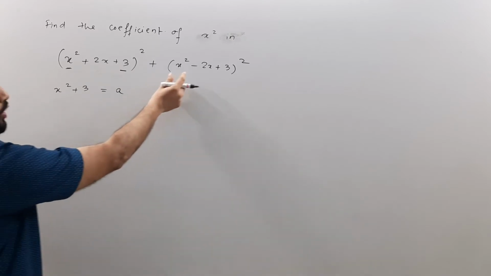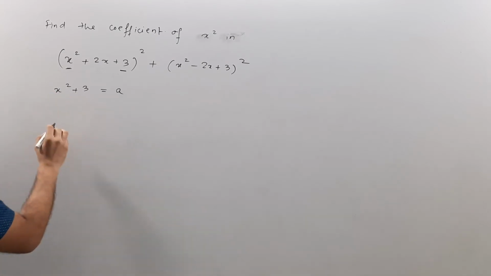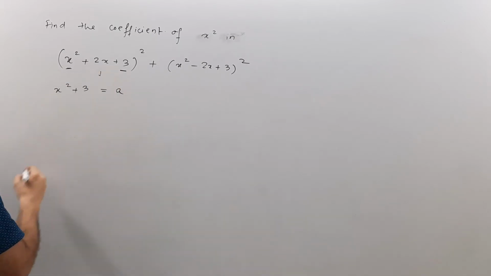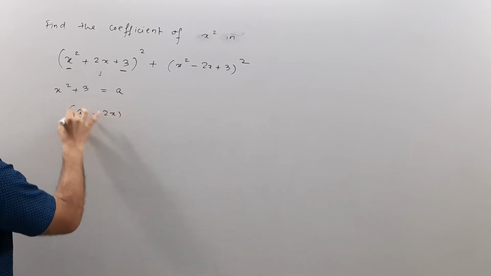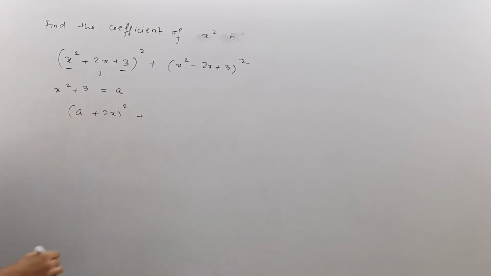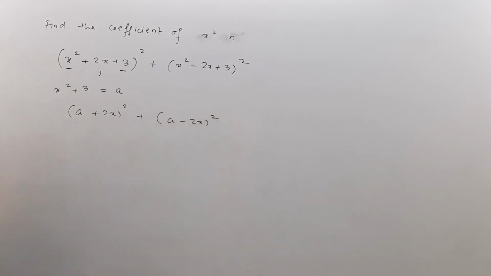So here also we have a common term, x square plus 3 is A. So the expression now looks like A plus 2x the whole square and A minus 2x the whole square.